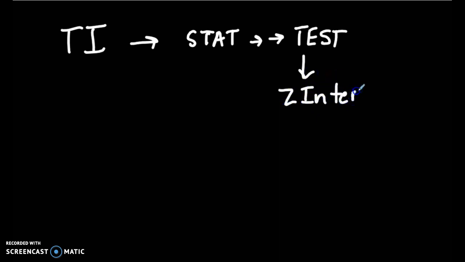If you put in all of the data that you just had, your X bar, your sigma, your N, I can't remember what the other parameters are, but you'll see when you get there, it'll actually give you the confidence interval. I believe there are videos out there that take you through this exact process.